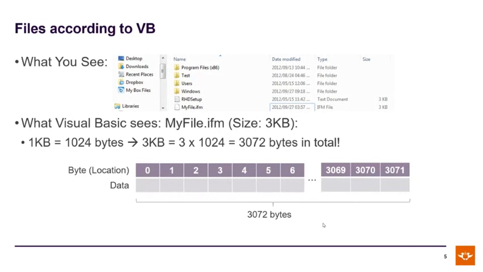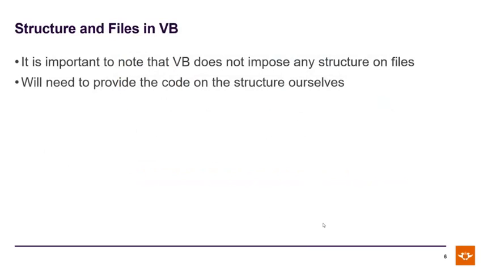And this is where the file stream object becomes crucial. It is important to note that Visual Basic does not impose any structure on files. It doesn't tell the file what structure to use specifically. You as a programmer will tell the file what to do. We need to provide the code for the structure ourselves.